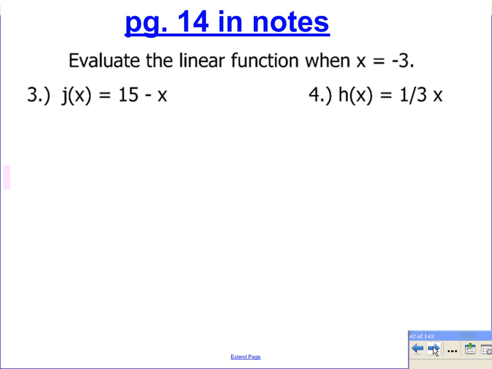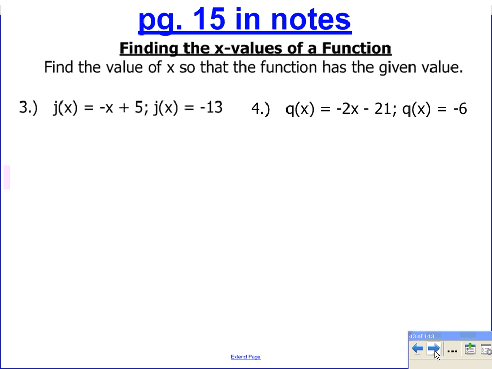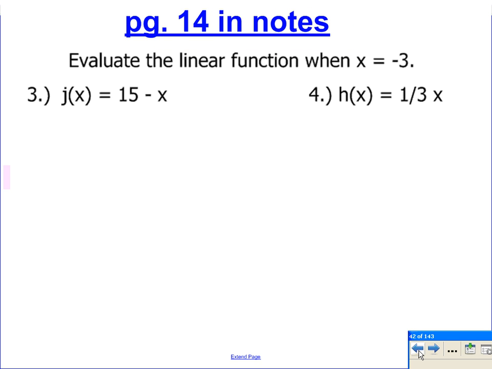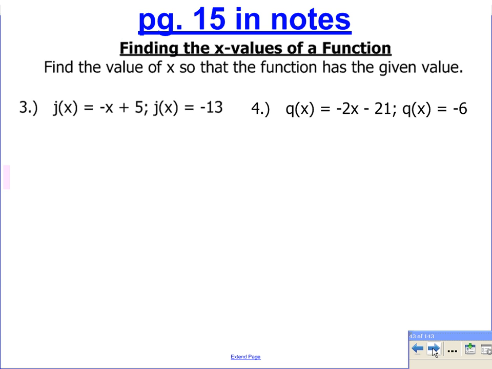Okay, so in your note packet, did you guys do 3 and 4 on page 14 in class? Oh yeah, I did 3. Okay, everybody do 4, and then on page 15, everybody do 4. So do 4 on page 14. And on page 15, if you already did, that's fine. And on page 15, do number 4.